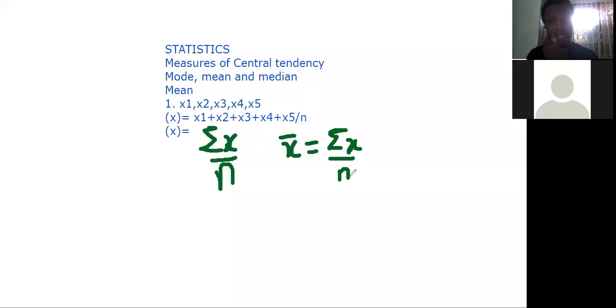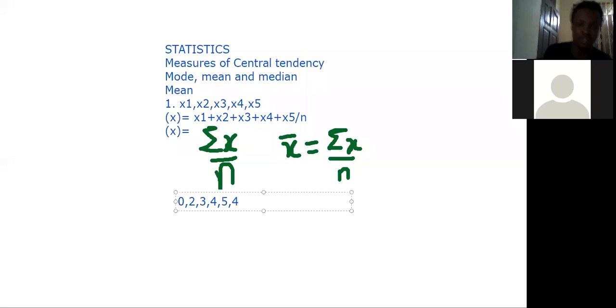Okay, so let's try this in your books. Find the mean of the following set of numbers. Number 1: 0, 2, 0, 2, 3, 4, 5, 5, 4 and 4 again.